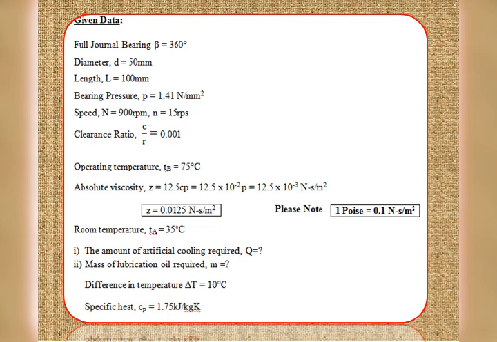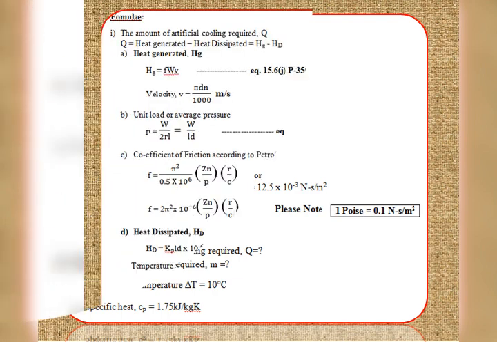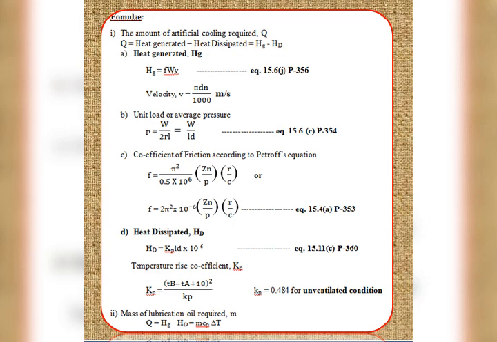So Z is equal to 12.5 CP, which is 12.5 into 10 raised to minus 2 P, that is 12.5 into 10 raised to minus 3 Newton second per meter square. Poise is nothing but Newton second per meter square, and we are getting the value Z is equal to 0.0125 Newton second per meter square.